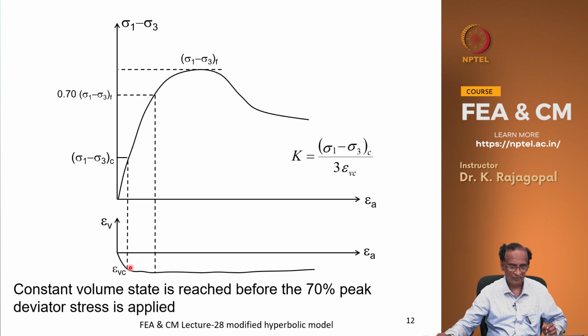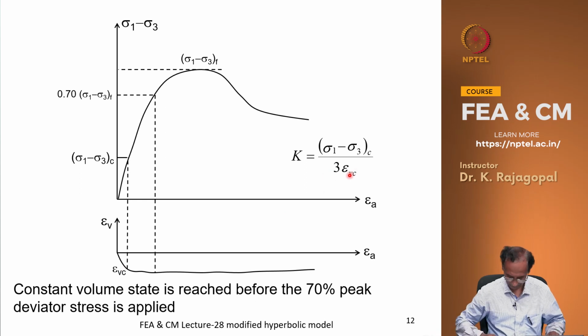In that case, we use epsilon v constant and sigma 1 minus sigma 3 c, that is, when the constant volumetric strain is reached. In this case, our K is sigma 1 minus sigma 3 at the constant volume strain divided by 3 epsilon v.